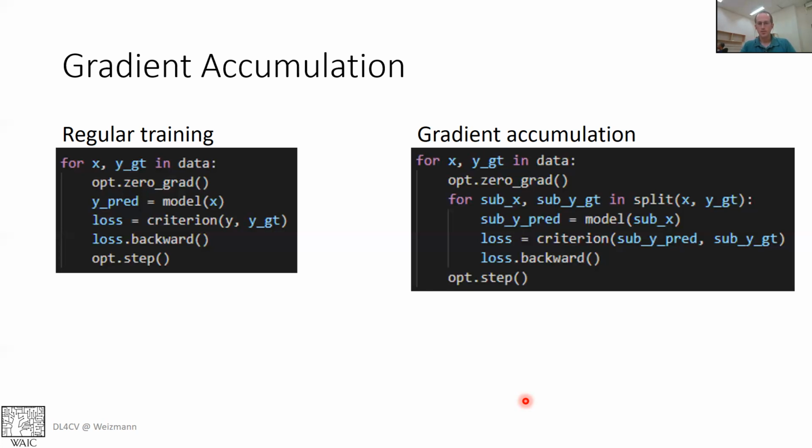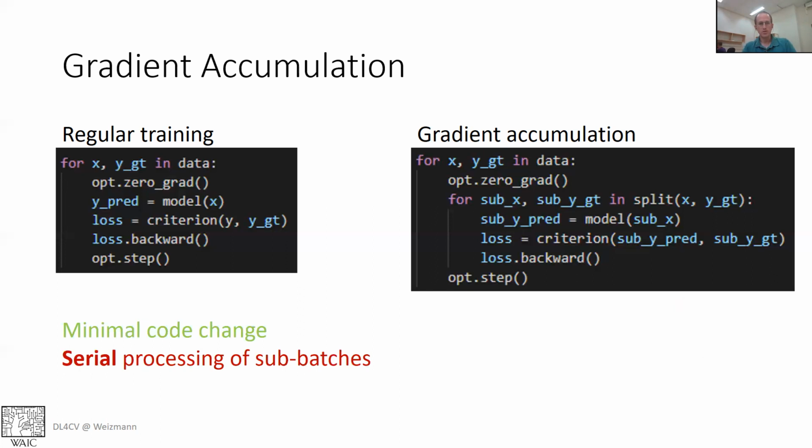Excellent. So this leads us to the next parallel GPU approach, which basically we are going to do this gradient accumulation, not serializing these small batches, but in parallel on different GPUs. So this requires minimal code change, and it takes time because we do it serially.